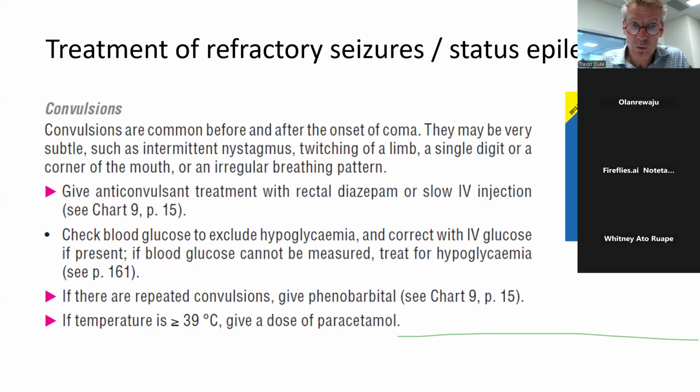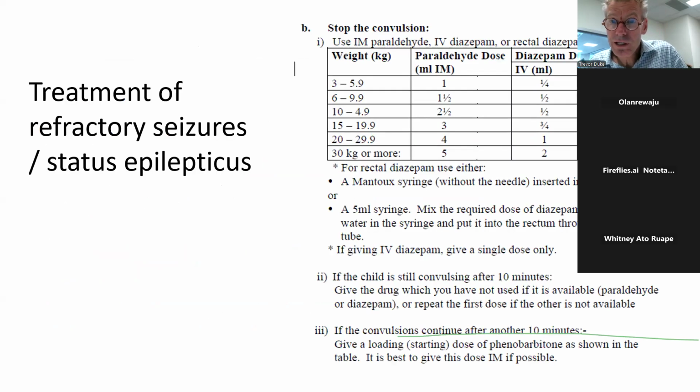it's diazepam or midazolam. The P&G standard treatment book is similar, says using praldehyde, which is similar to diazepam to start with. It's similar but different. I'll talk about praldehyde, but the same type of thing. Give one dose of the short-acting drug, whether it's praldehyde or diazepam, followed by, if the child's still seizing, then give a longer acting agent such as phenobarbital.